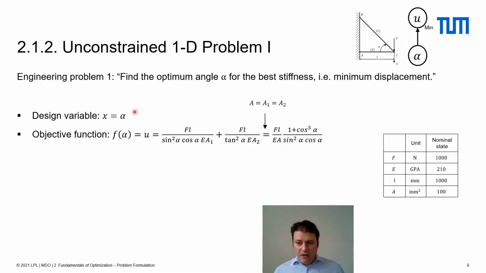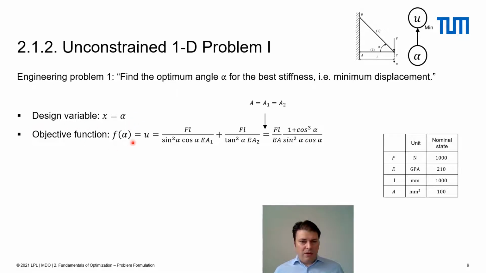So we assume the perspective that alpha is something we can change, that we are in control of. And that's why we will explicitly make that the design variable, so that the optimization procedure also knows that this is something that can be changed.